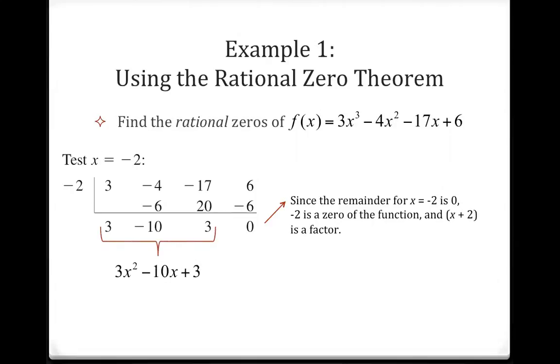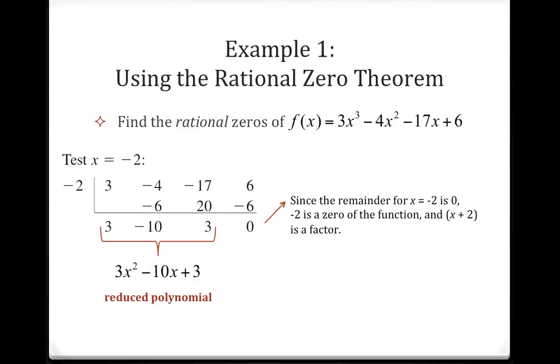I also know that the 3, -10, and 3 are giving me the coefficients on a polynomial with one less degree, which in this case would be quadratic. So I can rewrite using the 3, -10, and 3. I can write the other factor as 3x squared minus 10x plus 3.